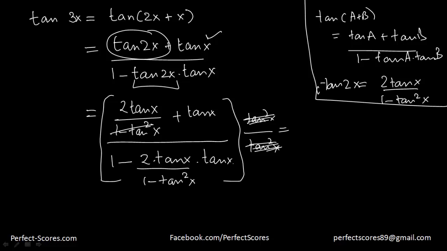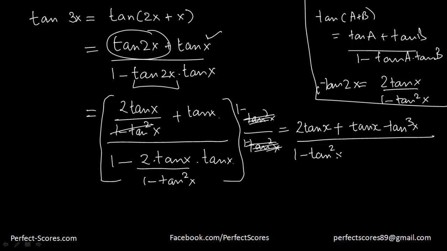Let's multiply by 1 minus tan square x. So this is going to be 2 tan x plus tan x into 1 minus tan square x, which can be written as tan x minus tan cube x, divided by 1 minus tan square x, and this is again a minus 2 tan square x.